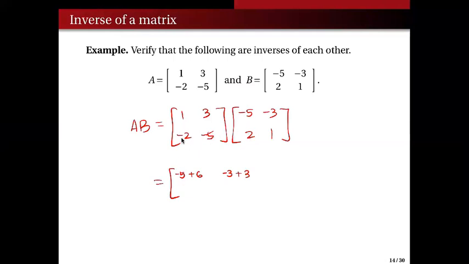Second row, first column: negative 2 times negative 5 is positive 10, plus negative 5 times 2 is negative 10. Lastly, negative 2 times negative 3 is positive 6, plus negative 5 times 1 is negative 5. Clearly, this is 1, 0, 0, 1, the 2 by 2 identity matrix.